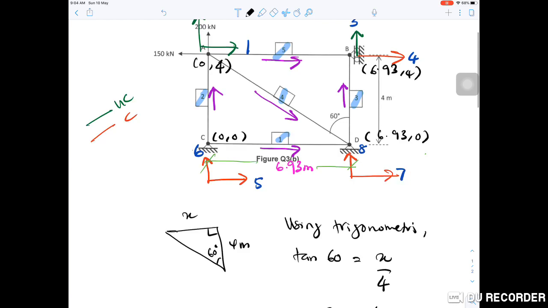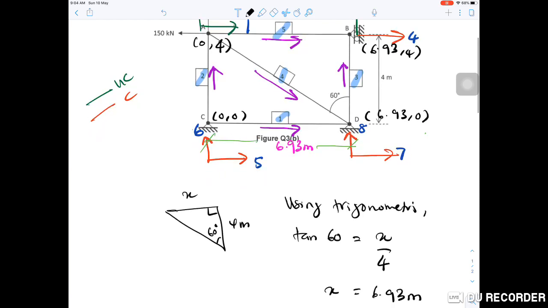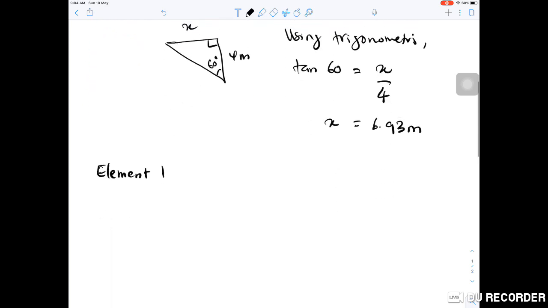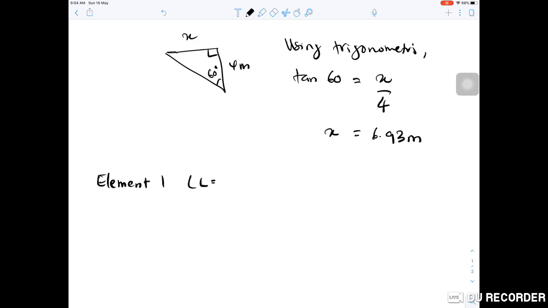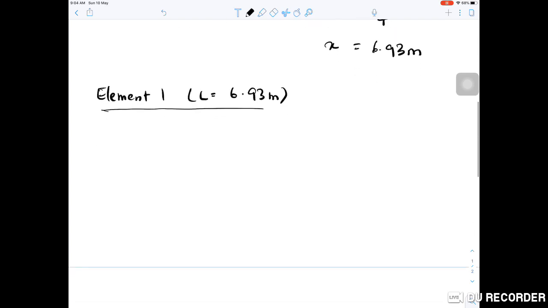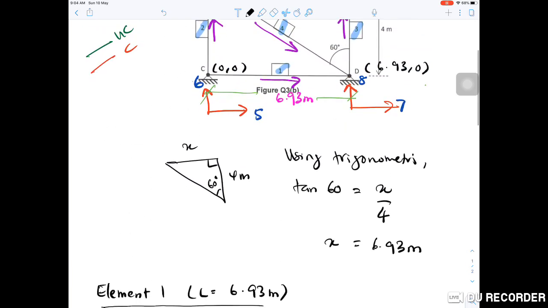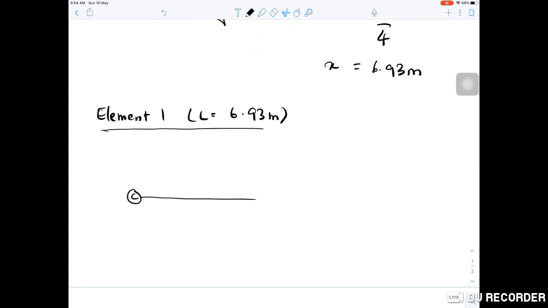Element number 1 is joining node C and node D. It is a horizontal element, and the length for element number 1 is 6.93 meter. This is for element 1. Okay, I just want to draw back. Joining C and D, so node C and node D, element is element number 1.